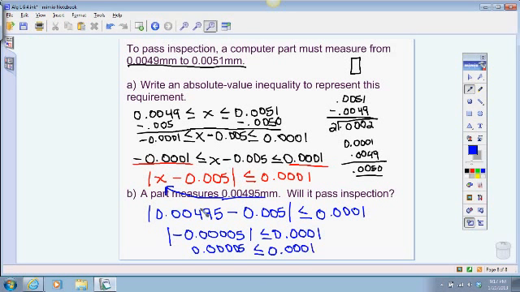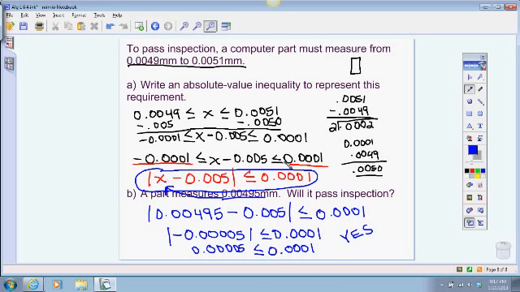Yes. So will this part pass inspection? Yes, it will. By having our absolute value inequality, we're able to plug numbers in and see if they pass inspection. Here's the number I've got, at the halfway point, give or take this much, and it'll pass the inspection.